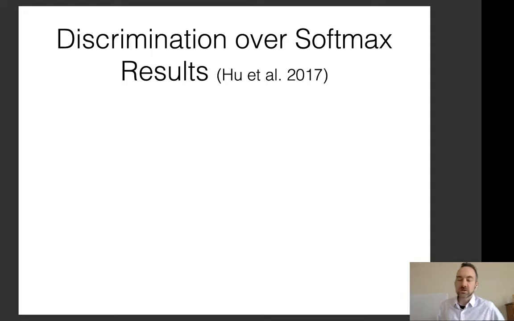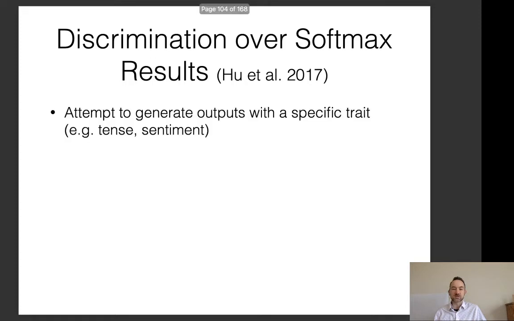As I mentioned, there's one issue with doing this over discrete sequences, which is that you can't backprop through the results. So there are some other options that are fully differentiable and nonetheless allow you to apply GANs to text generation tasks. This particular example is discrimination over softmax results.